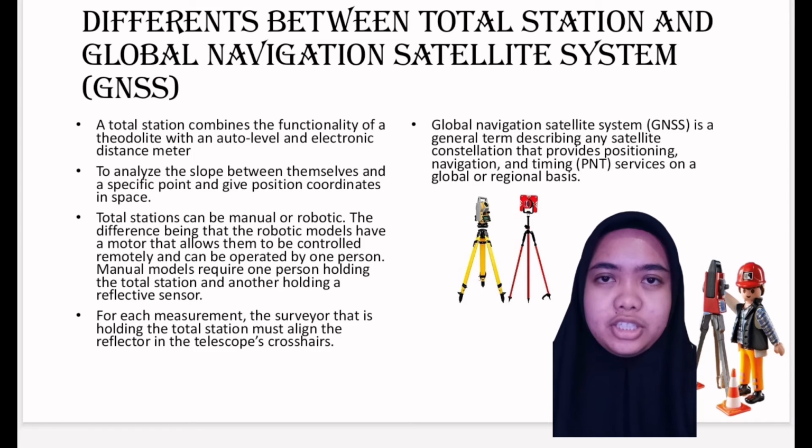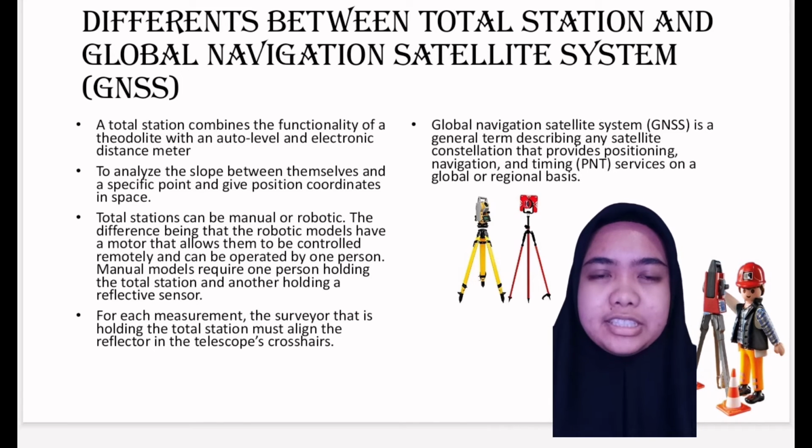A total station combines the functions of the theodolite with an auto-level and electronic distance meter. Total station analyzes the slope between themselves and a specific point and gives position coordinates in space. Total station can be manual or robotic.